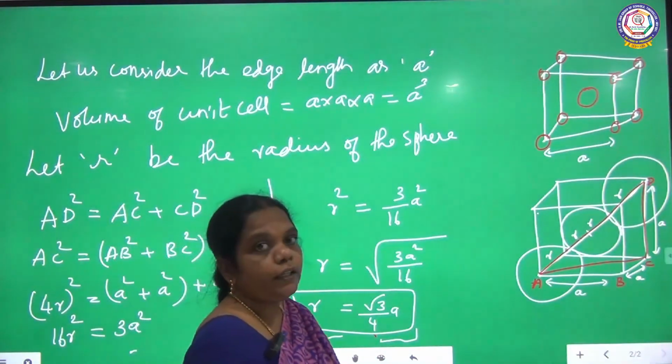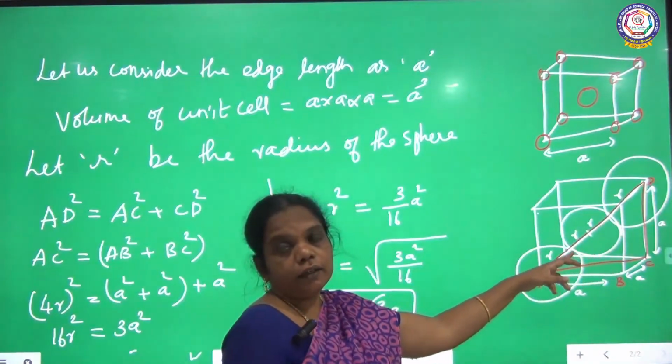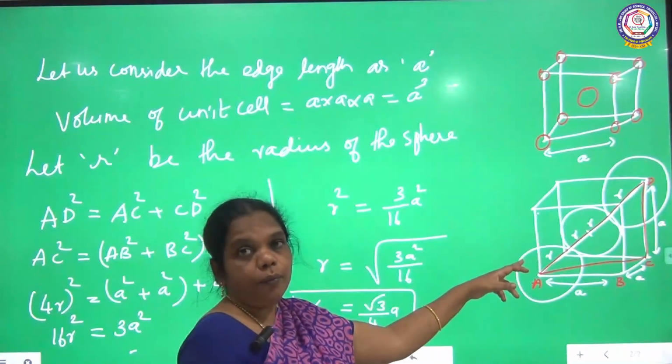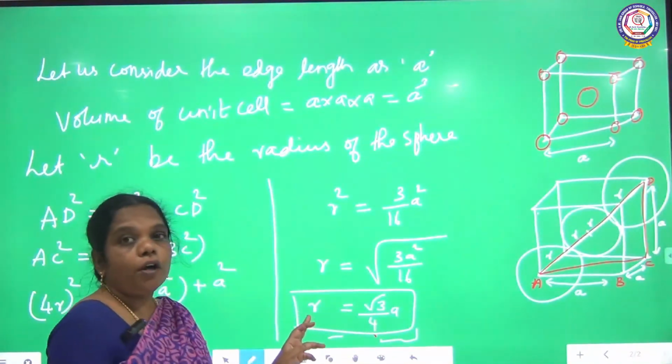Next we are going to find the volume of the sphere. The volume of the sphere is 4 by 3 pi r cube. Now we are going to substitute the r value in this.